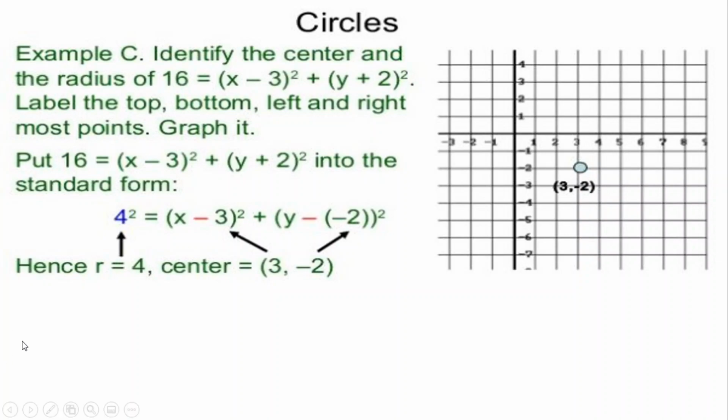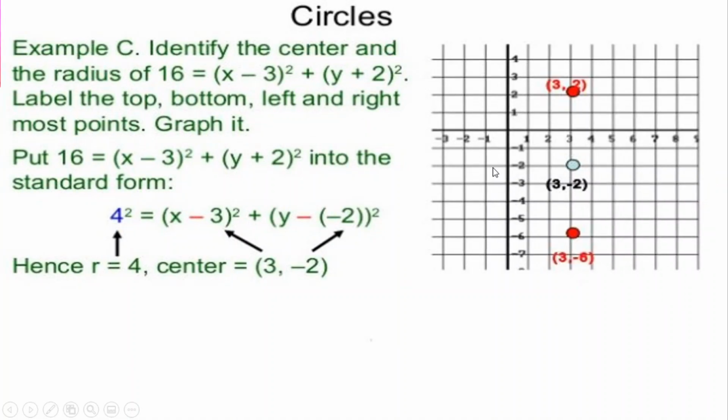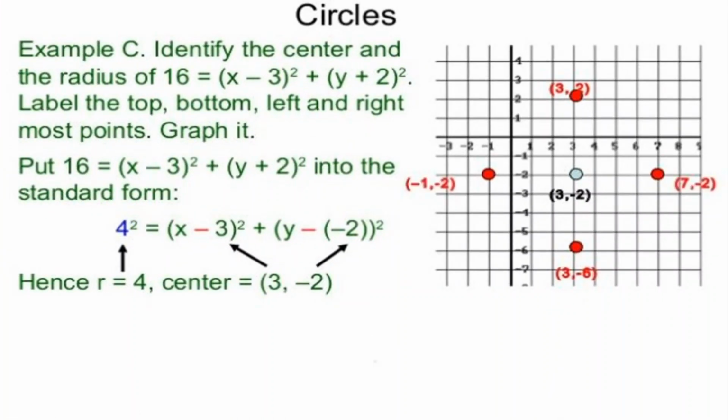We are going to use the radius. So we count 1, 2, 3, 4 in each direction. So, those are the points at the top, bottom, left, and right.